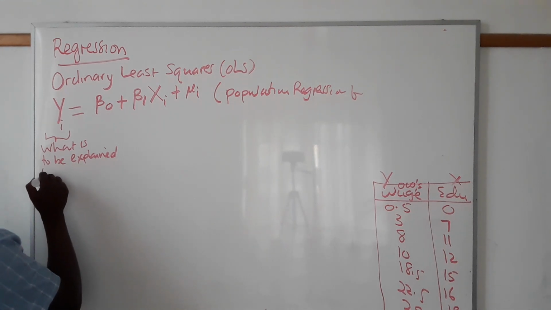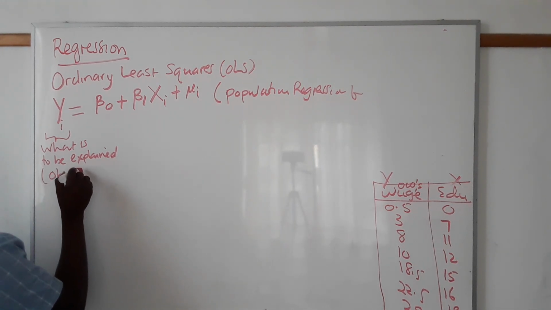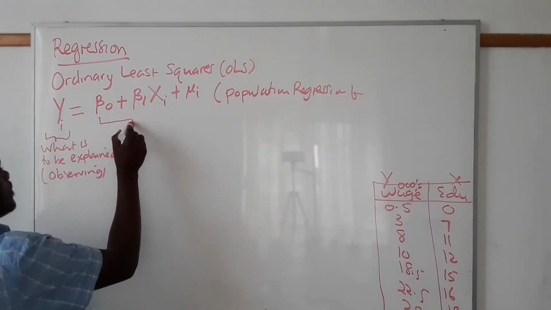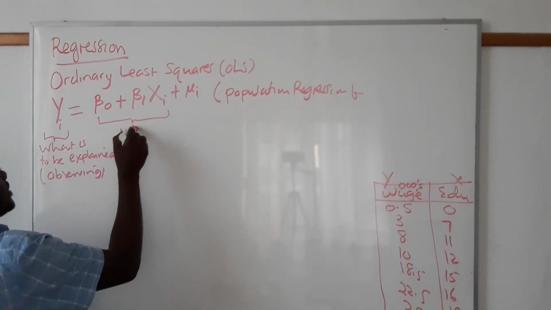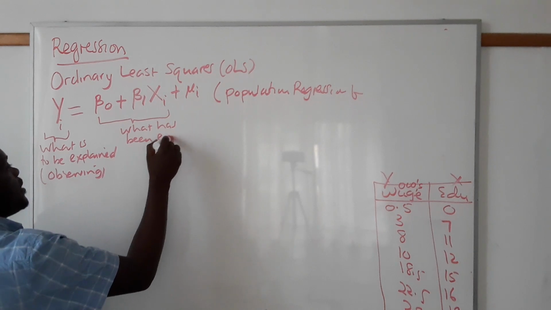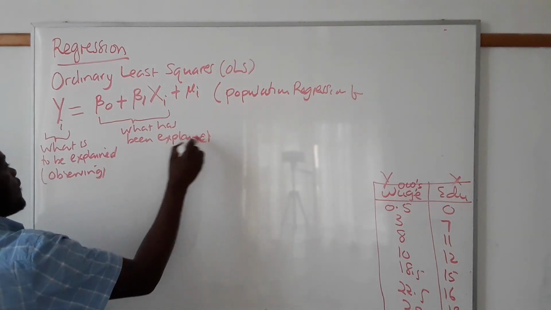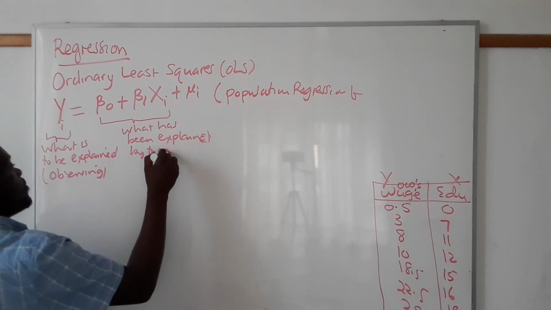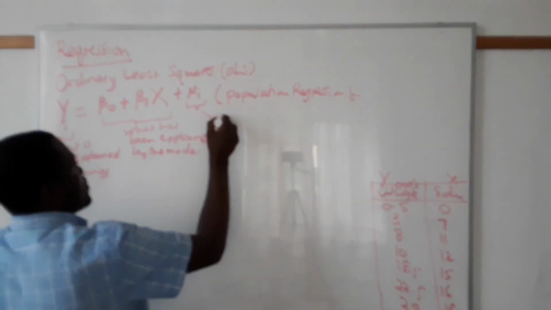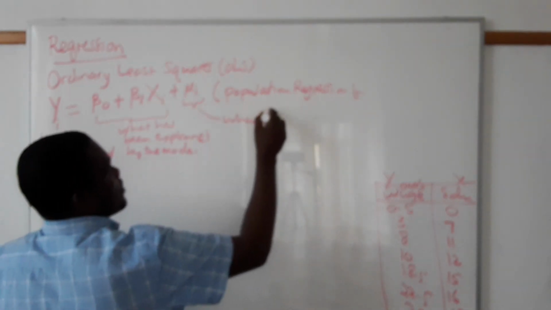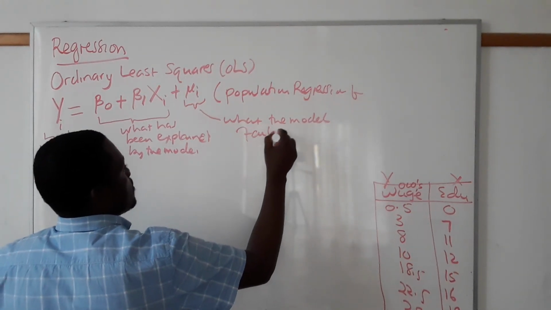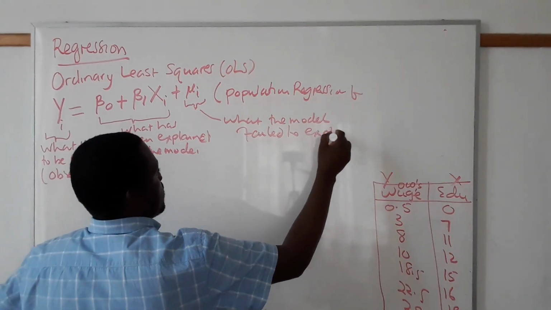Now, this is what is to be explained. Okay, it is what we observe. That's what we are observing in the data set before us. This here is what has been explained by the model, and this here is what the model failed to explain.